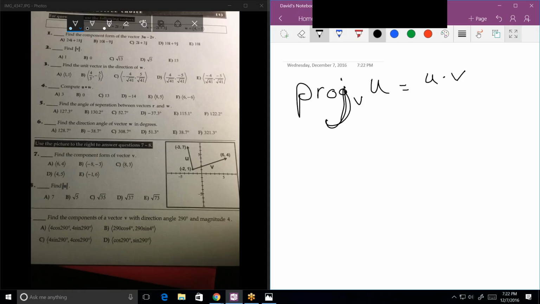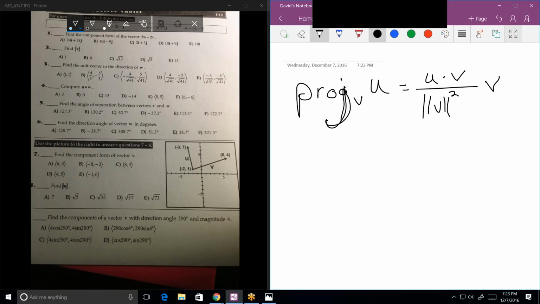It's equal to U dot V, that's dot product, over the magnitude of V squared, times the whole thing times V. And I believe that's what they're asking. So the unit vector in the direction of W, I believe that is the same as the projection of U onto V.